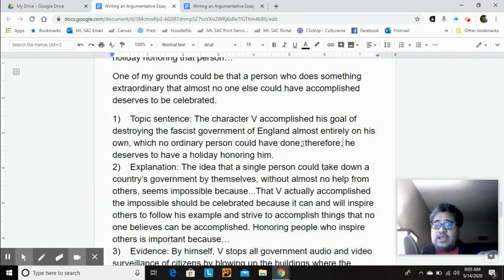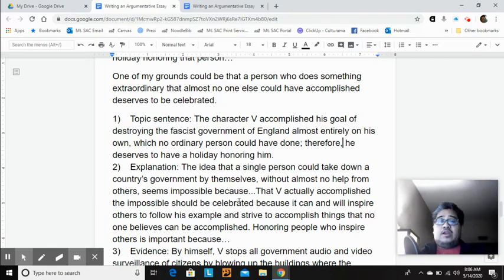So this is the idea in the paragraph that I'm trying to convince my readers to accept. Again, not worrying about the thesis statement or claim necessarily, just this smaller idea. Can I get them to accept this idea? That is what I'm trying to do in this paragraph.